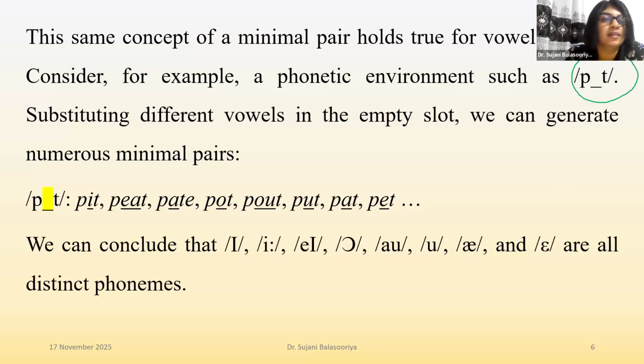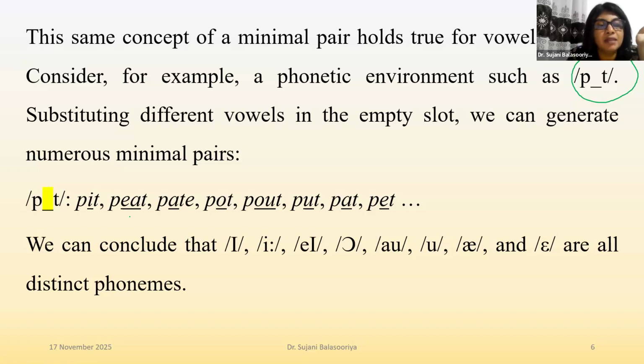What comes in the middle? So we can substitute different vowel sounds, which means we can insert several different vowel sounds into this empty slot, right? In between p and t, what are the possibilities? Can you identify the different vowels here? I have given the words first, right?